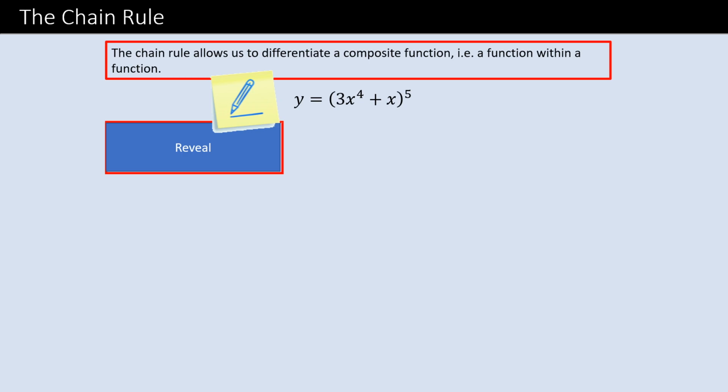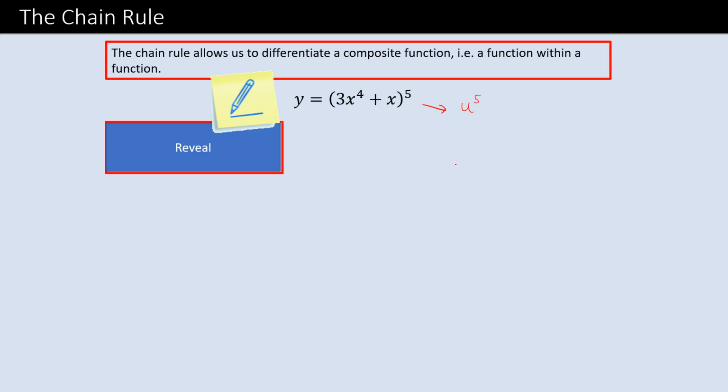But what we're going to do is think of this as differentiating by substitution. In my head, this would be a whole lot easier if it was just u to the power of 5, wouldn't it? If instead of this bracket, it was just this letter u.